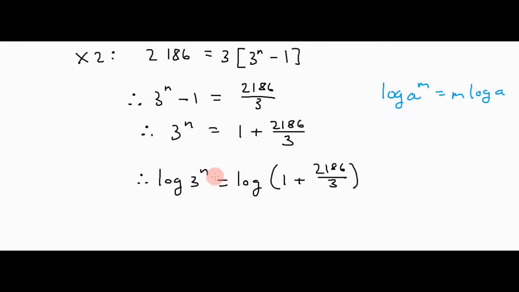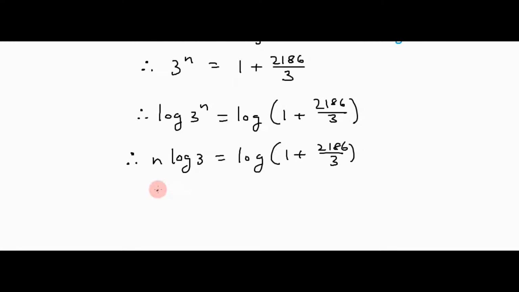In this way, the n can be written in front of the log here. So n log 3 is equal to the right-hand side. We can divide the log of 3 into the right-hand side now.